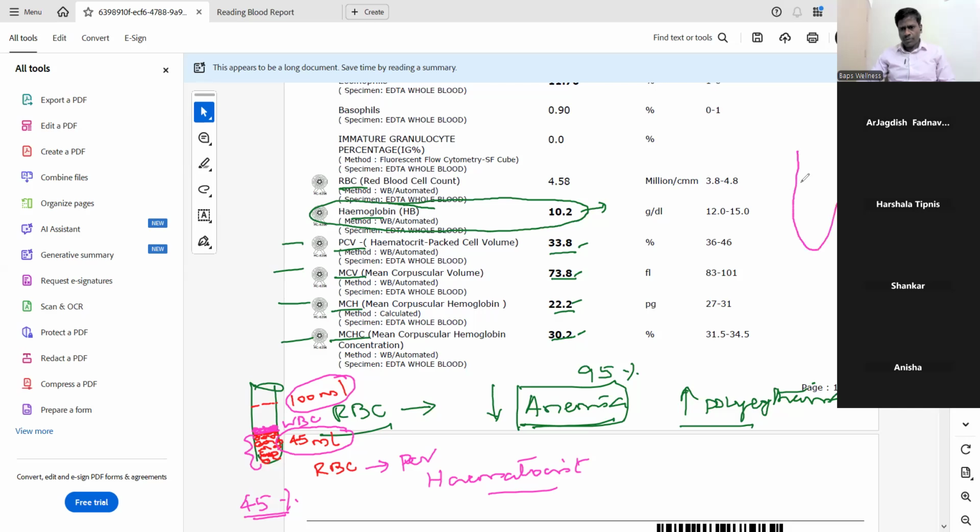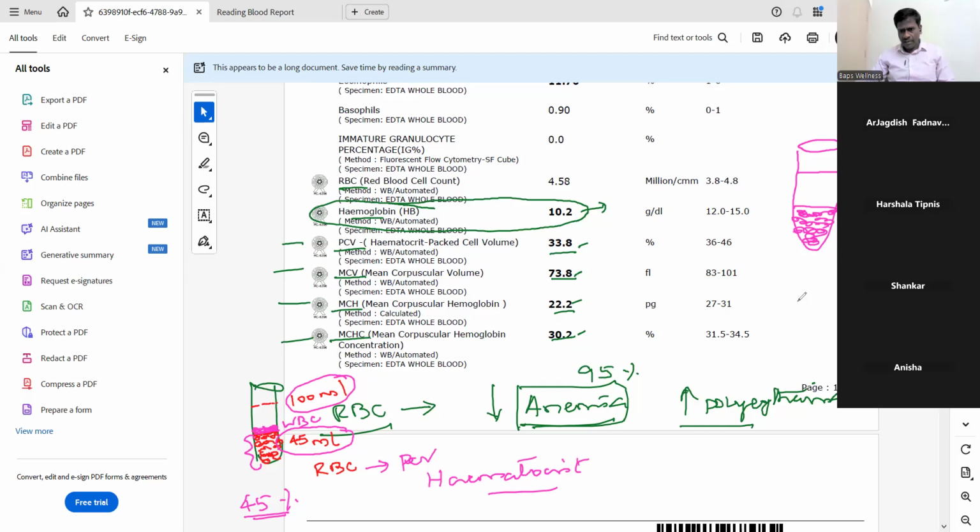Hypothetically, you take two cases where you have taken the blood of two persons and centrifuged it. Whatever the volume that settled down, we calculated the volume.